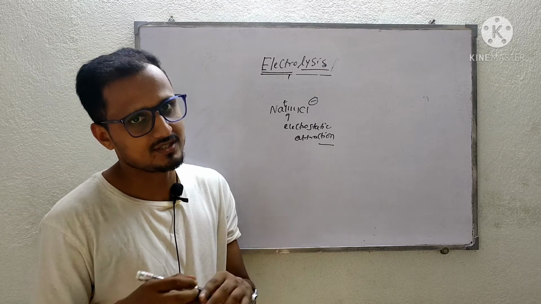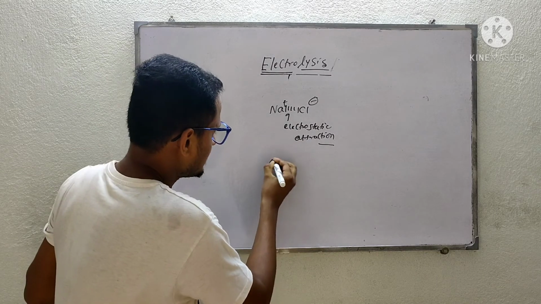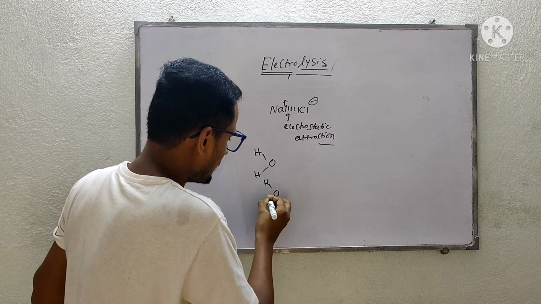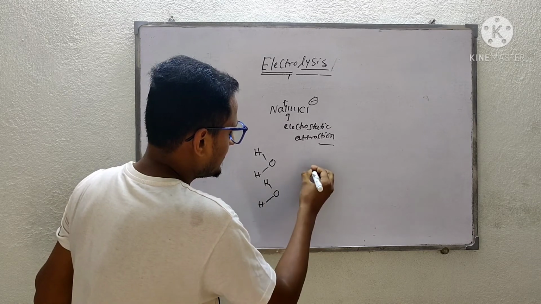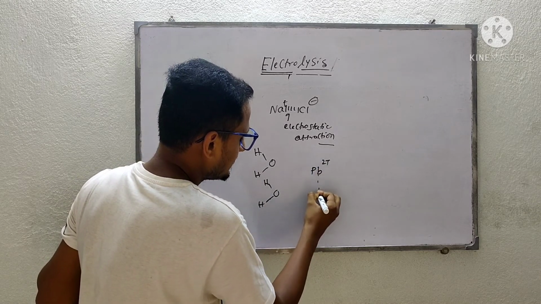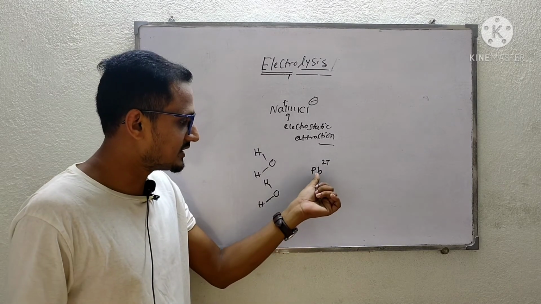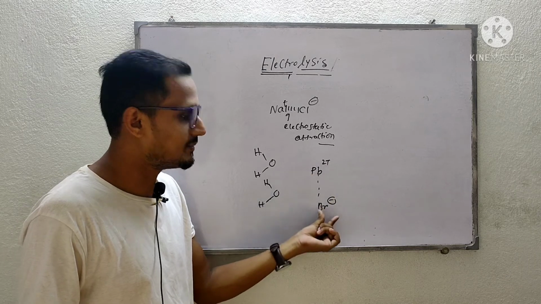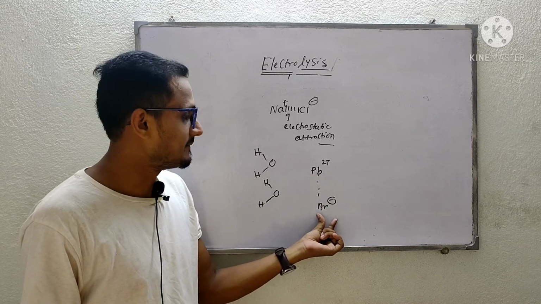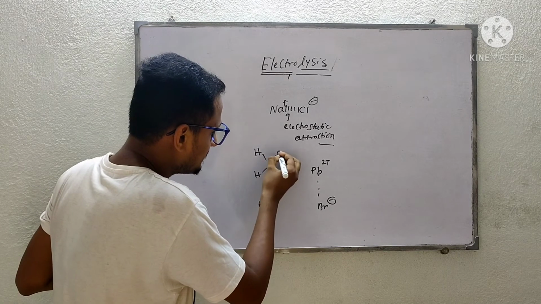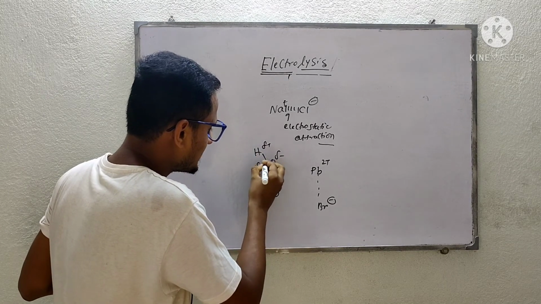But in the aqueous state, what will happen? In the aqueous state, there will be polar water molecules. Taking the example of lead bromide, though there is a strong electrostatic attraction force between lead and bromide ions, the oxygen of the water molecule is partially negatively charged.